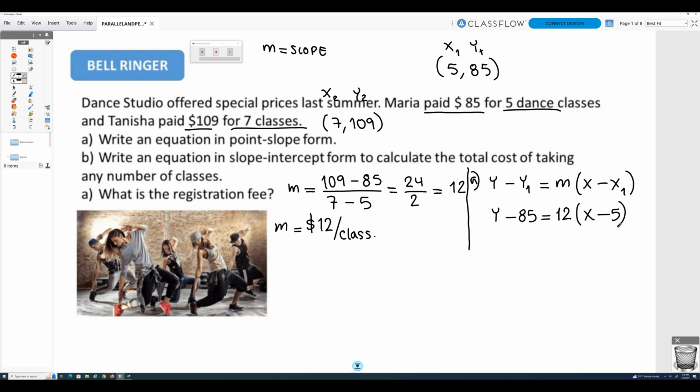We are ready for part B of the question. In the slope-intercept form, the variable y is isolated on one side of the equation. Use the distributive property of the multiplication over the subtraction.